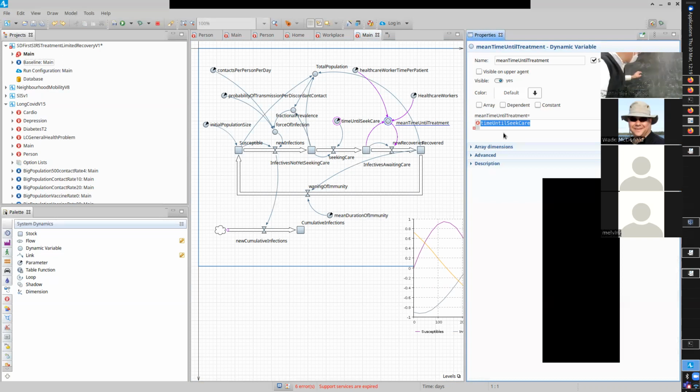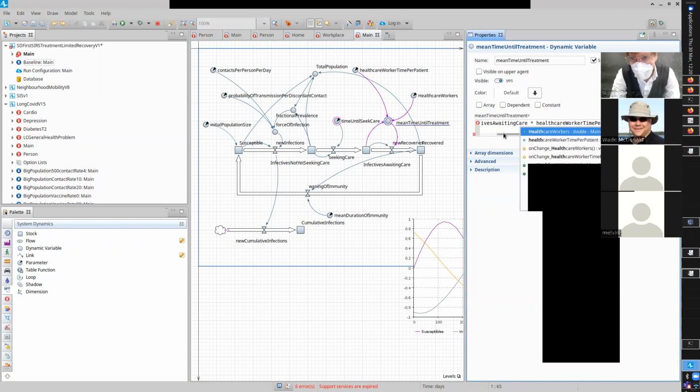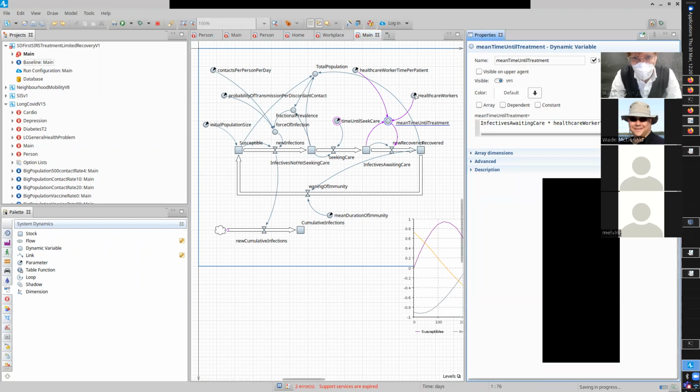So in the numerator of the expression are infectives awaiting care, times here healthcare worker time per patient, that's rho, divided by healthcare workers. And that should be in lowercase.